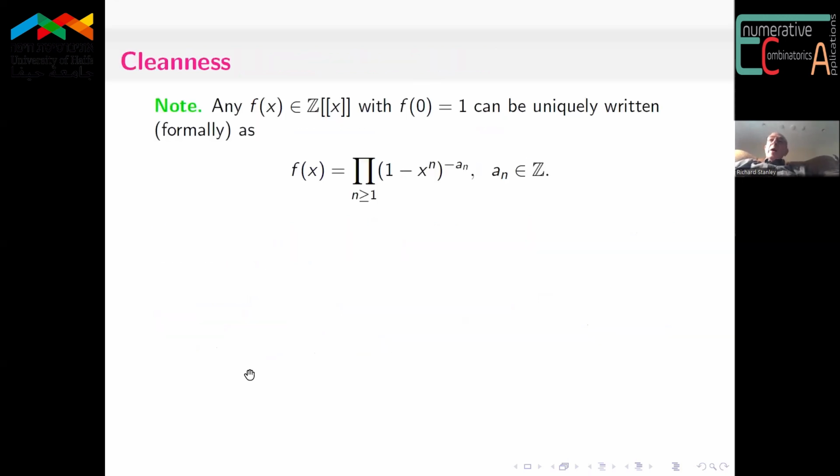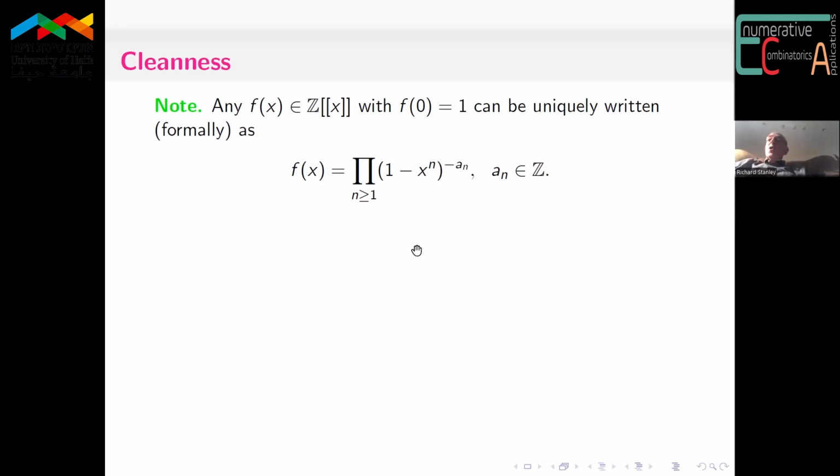Now, let me talk about cleanness. This is the property where the numerator cancels the denominator and the denominator has factors only with multiplicity 1. First I'll note that if we have a formal power series with constant term 1, you can always formally write it in the form product over n greater than or equal to 1 of (1-x^n)^(-a_n).